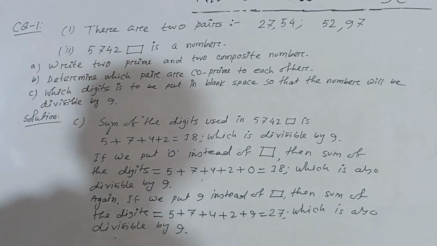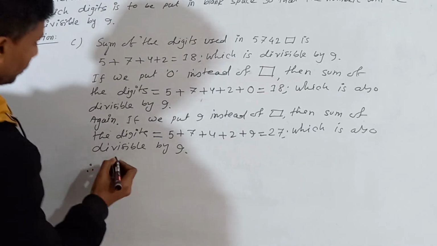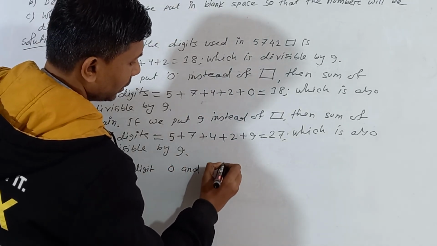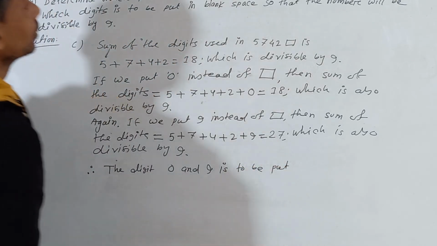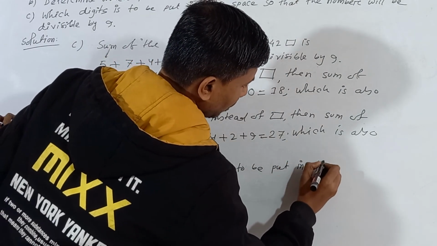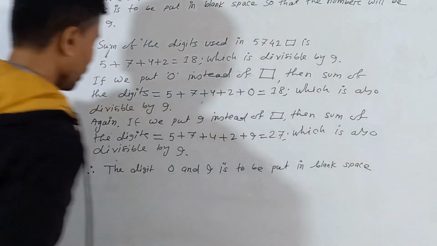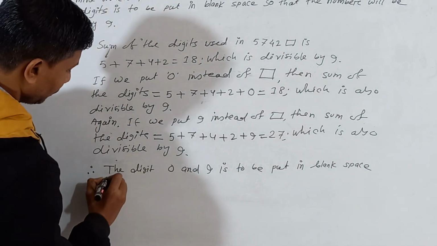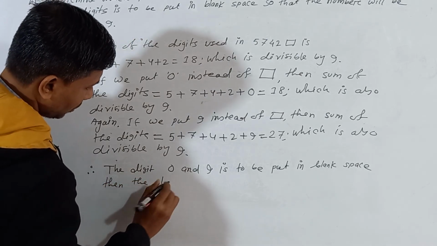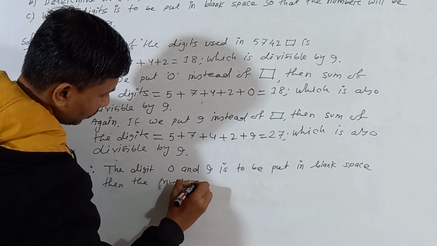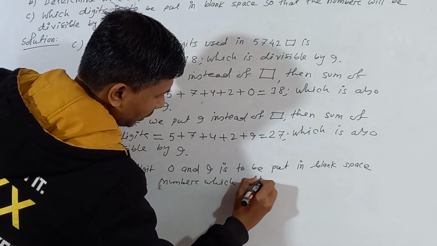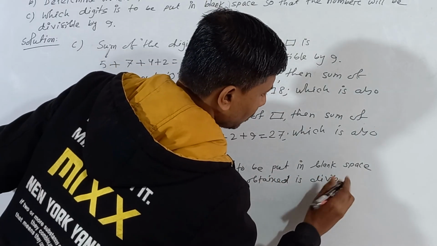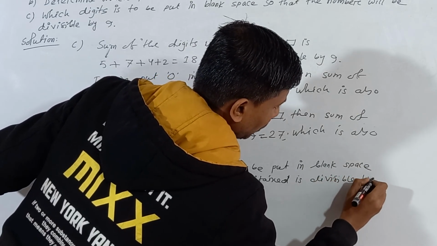So according to the question you have to write the answer. Therefore, the digits 0 and 9 are to be put in the blank space, then the number which is obtained is divisible by 9.